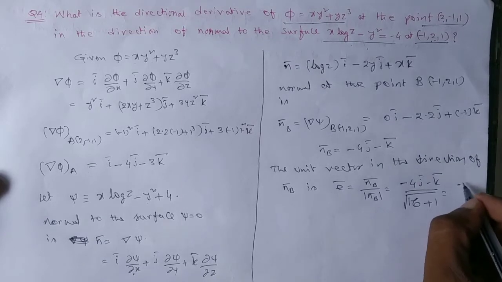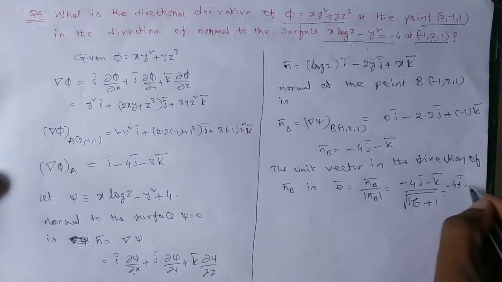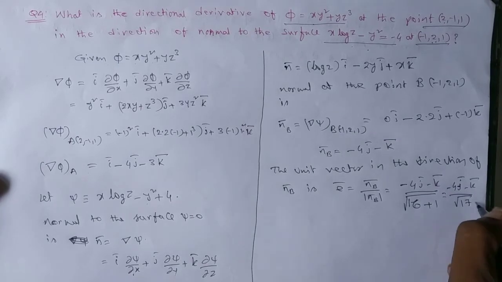So it is minus 4 j bar minus k bar by square root of 17.